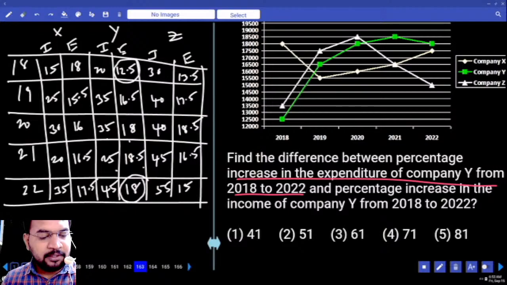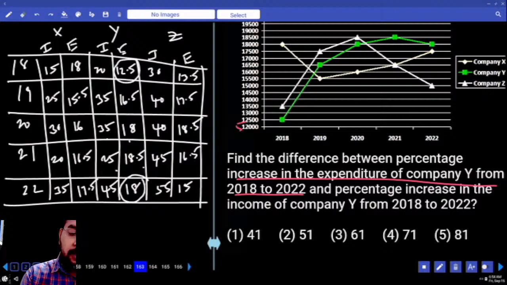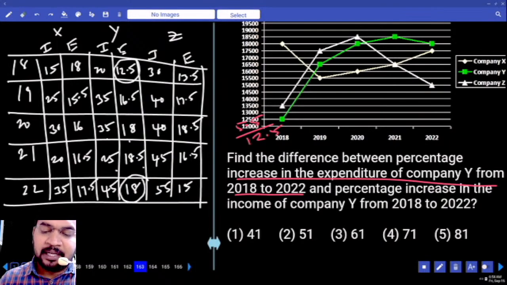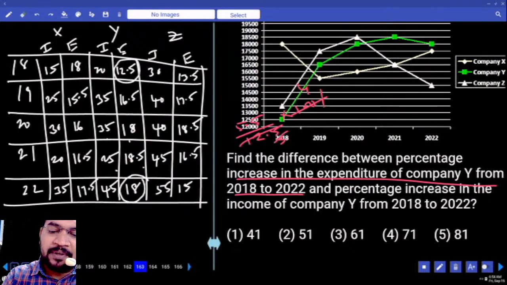Almost 5.5. 5.5 on 12.5, approximately 55 by 125. Yes or no? Simplifying, 5 elevens are 55, 25 fives are 125, so 11 by 25. And how much percent?